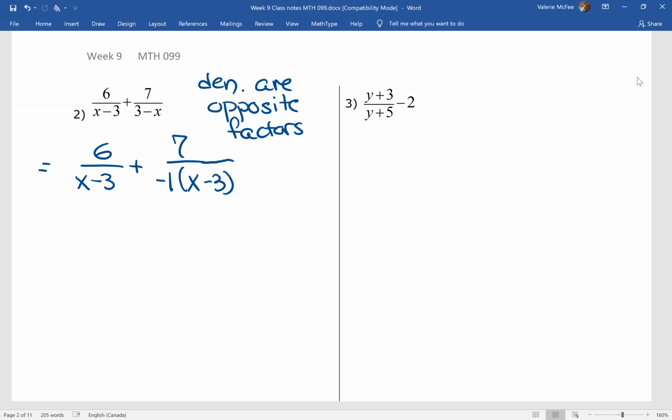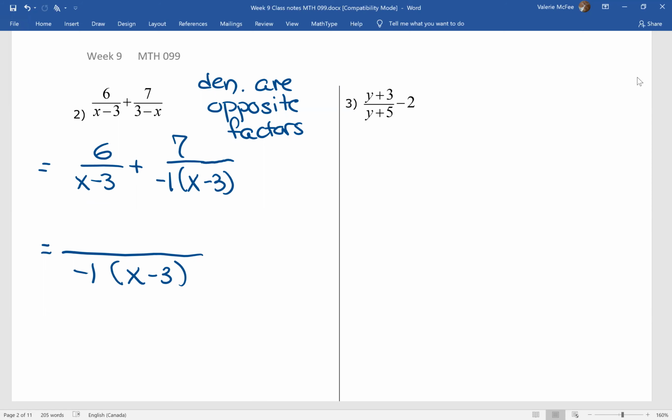That means the lowest common multiple is negative 1 times x minus 3. I need negative 1 and x minus 3 here. I've got it.